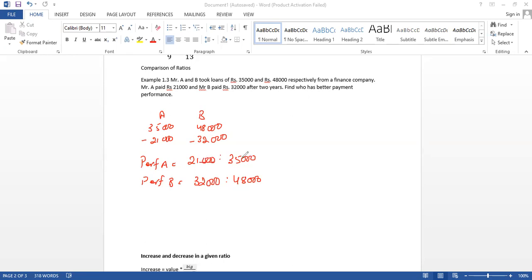So these 3 zeros and 3 zeros can get cancelled off. And we know that 7 threes is 21 and 7 fives is 35. So this gives us 3:5. So we have divided it by 7. Again, you can cancel off all of these zeros over here.